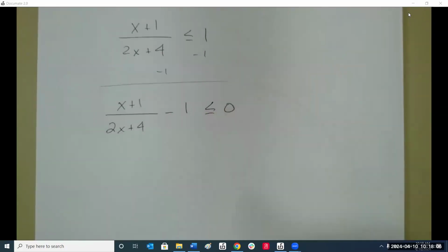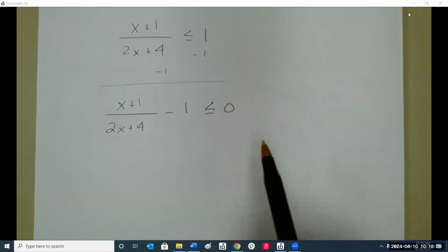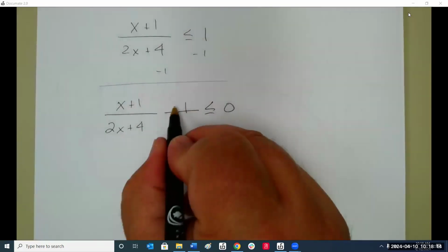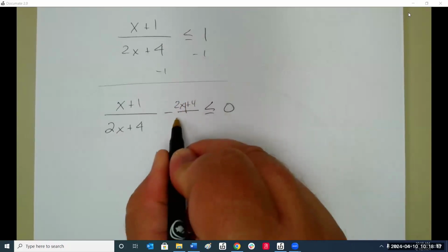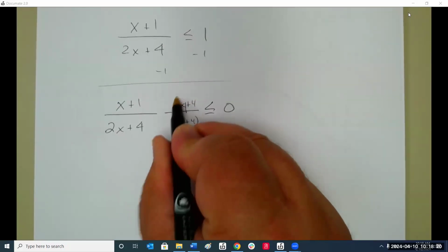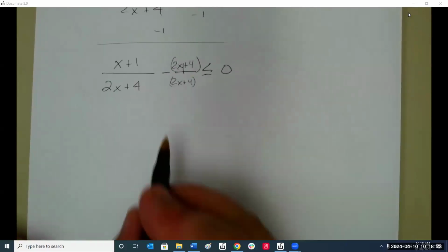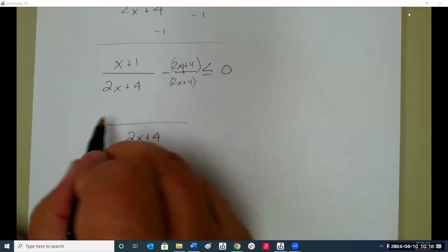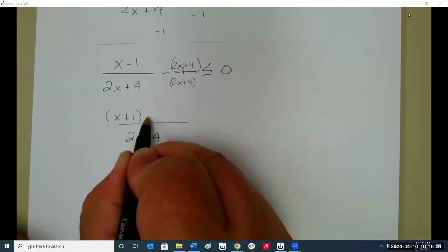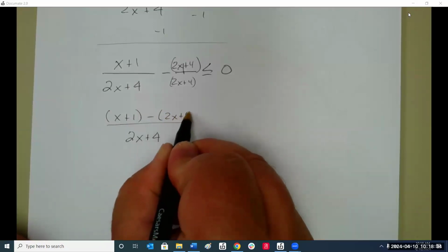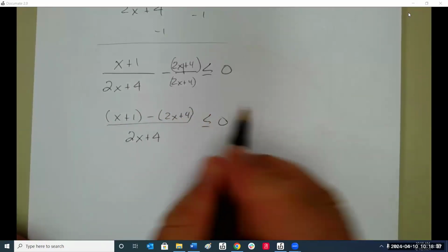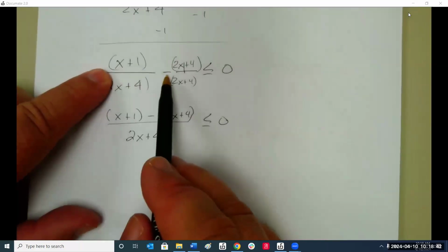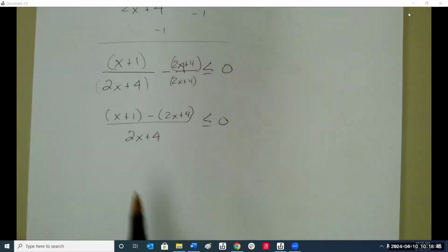So we want where the graph is below the x-axis. We have to get a common denominator, which is going to be 2x plus 4 over 2x plus 4. So we combine our expressions, just worry about the top, x plus 1 minus 2x plus 4 over 2x plus 4.